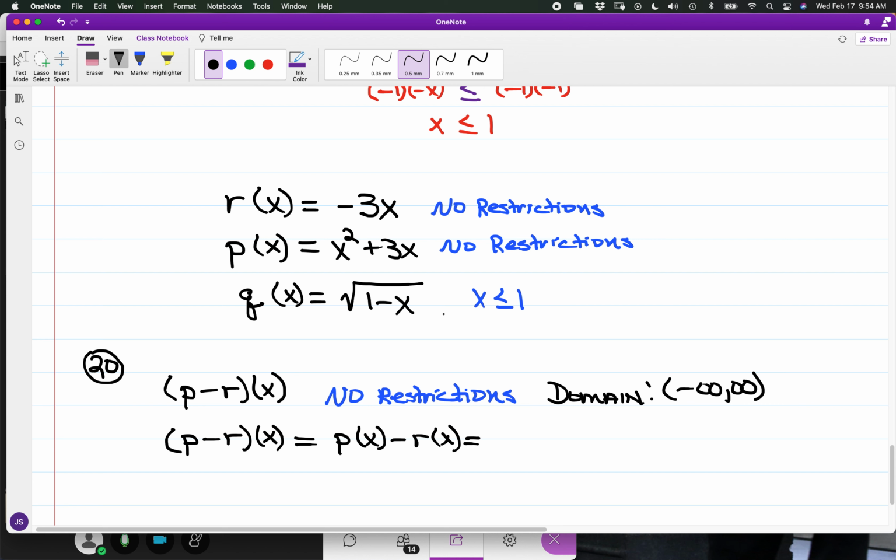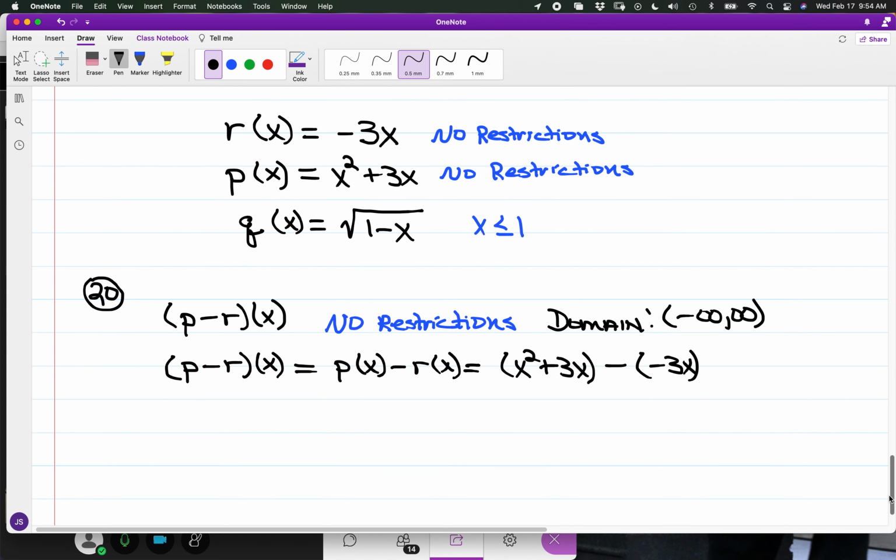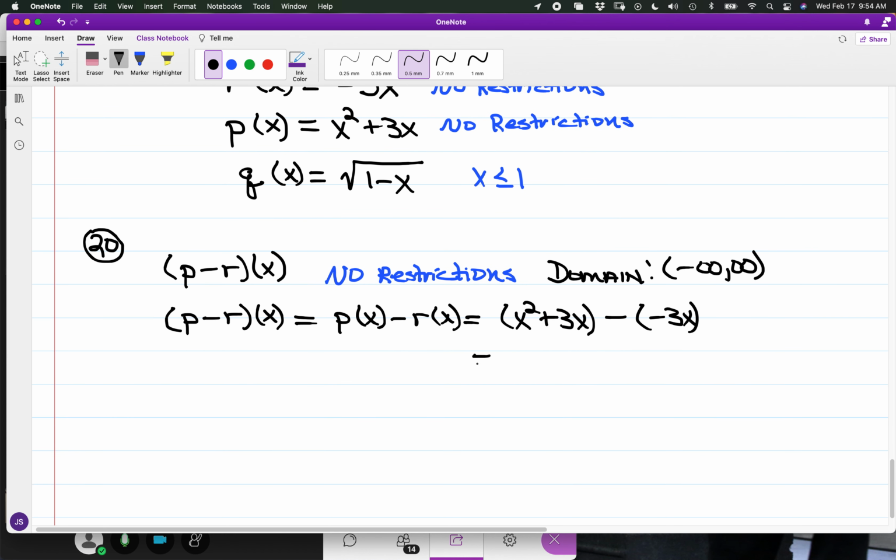And so for p of x, we have x squared plus 3x. And minus r of x. Okay, so you have minus negative 3x. Upon removing parentheses, and the reason I labeled using parentheses is that this is for p of x, and again we have subtraction followed by r of x.